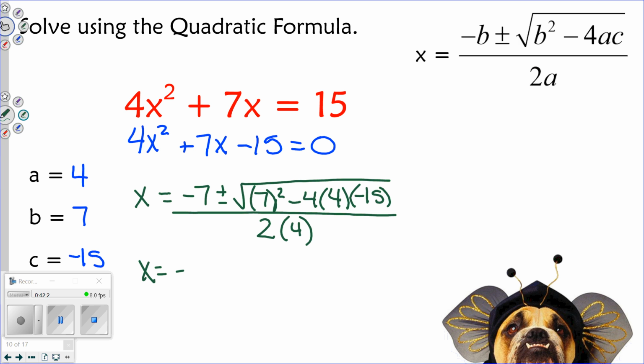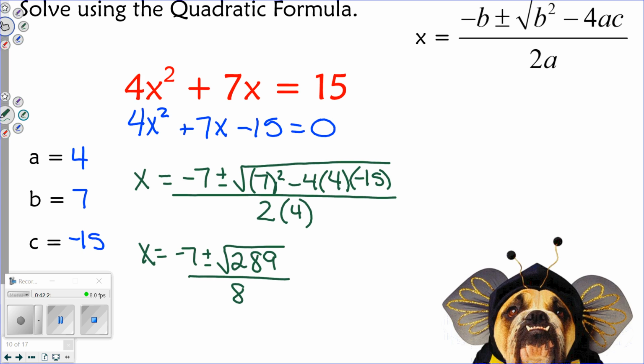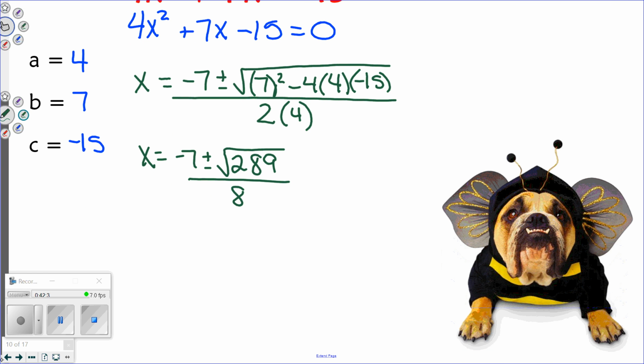So negative 7 plus or minus radical 289. Some of you panicked because that was big. So the next step would be to factor tree the radical, which becomes just 17. It is perfect. Now don't reuse your toilet paper, right? The square root of that is 17.